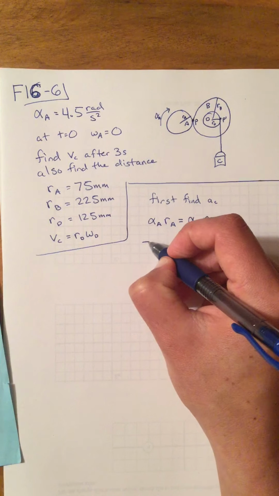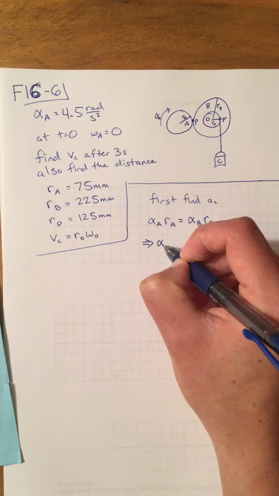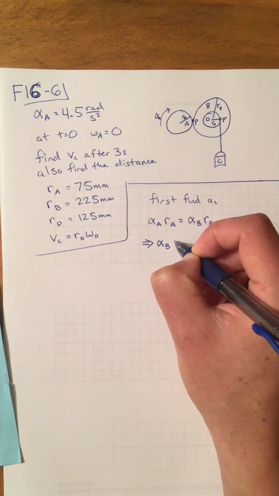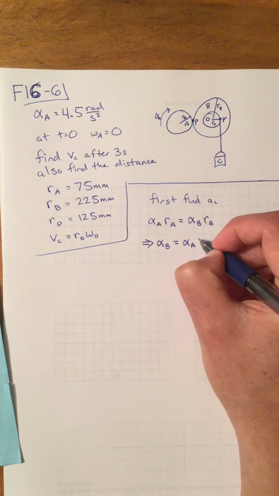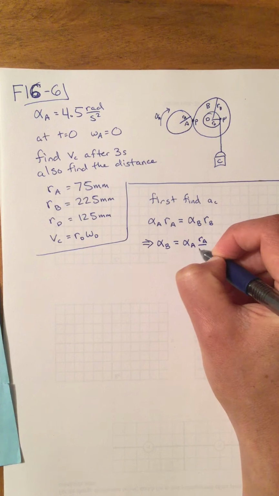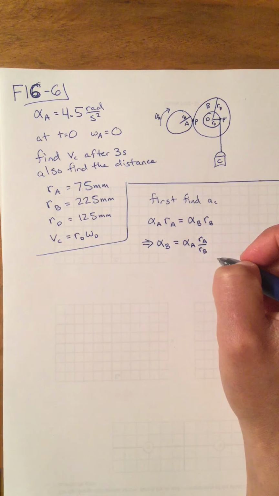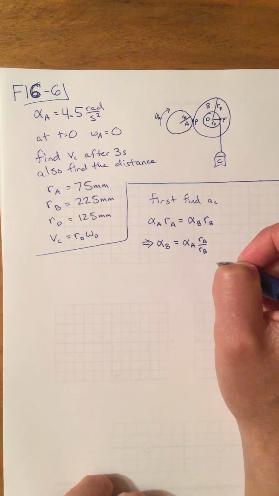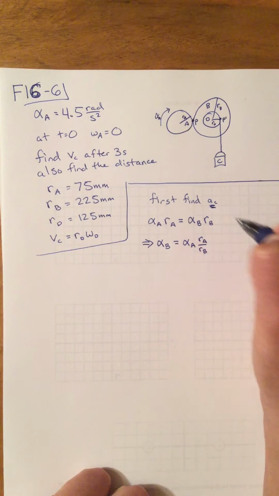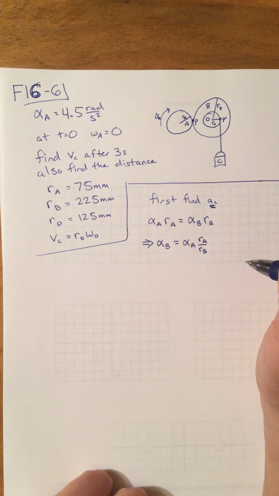I can rewrite this as angular acceleration of B is equal to angular acceleration of A times RA over RB. And I want to use that to find the acceleration of the cylinder.